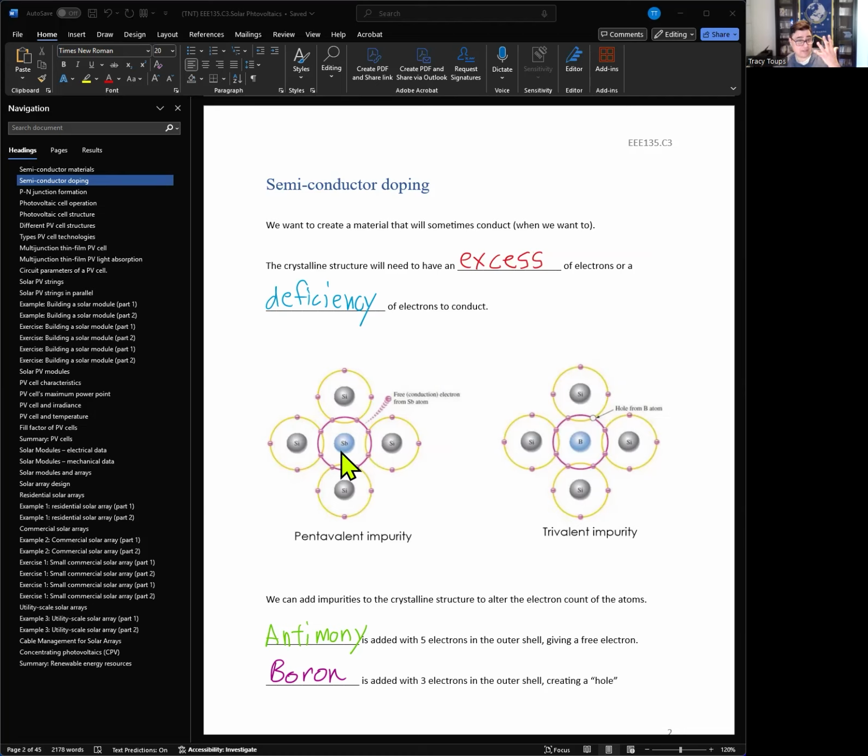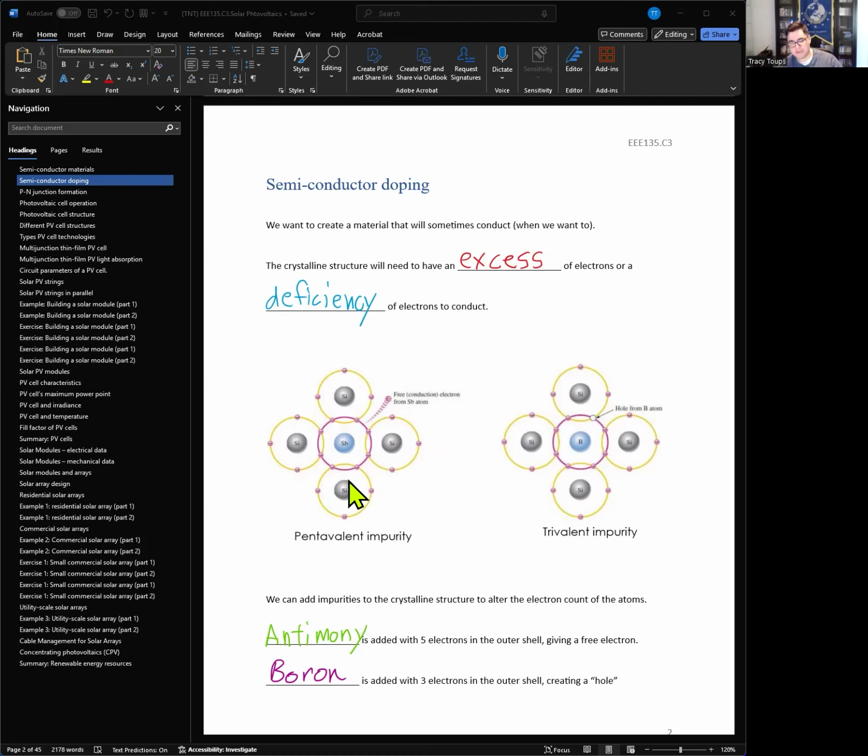Antimony has 5 electrons normally, and the surrounding 4 atoms give it 4, so it ends up having 9 total, right? Which is too many. So we actually have 1 free electron that gets popped out of the antimony atom, and it kind of floats around a little bit. So by doing this, we have a free electron floating in the areas between the molecules, and that is an electron we can use to move charge and go do work.